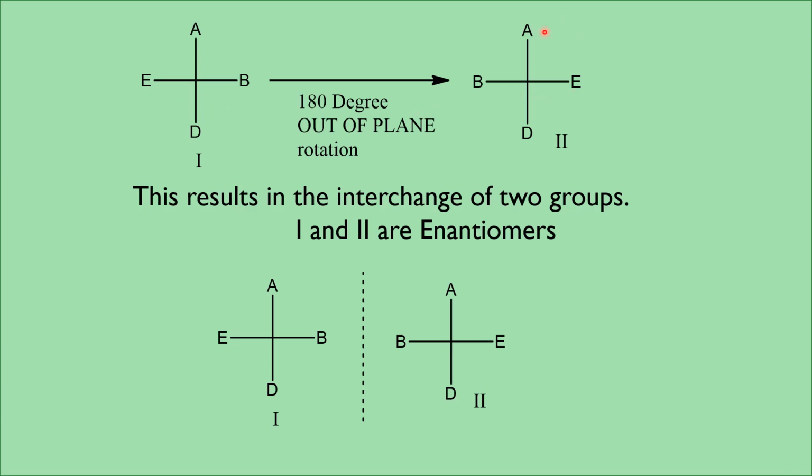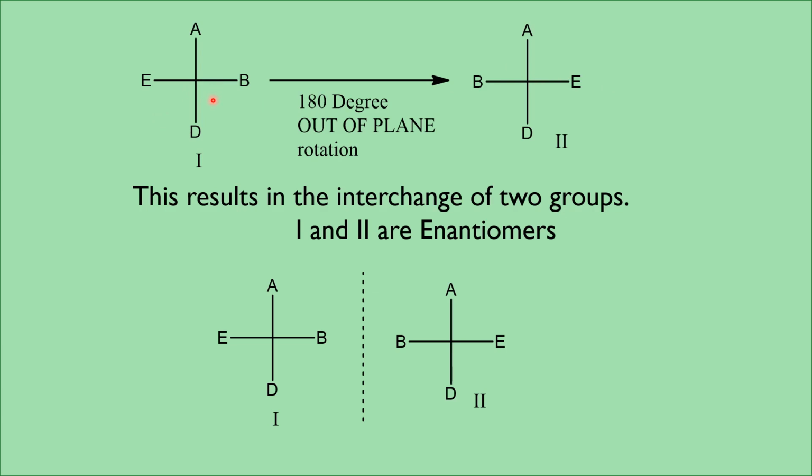So after 180 degree rotation, A and D remain in their own place and there is one interchange here. So 180 degree out of plane rotation results in an interchange of two groups. One interchange of two groups always results in the inversion of configuration.